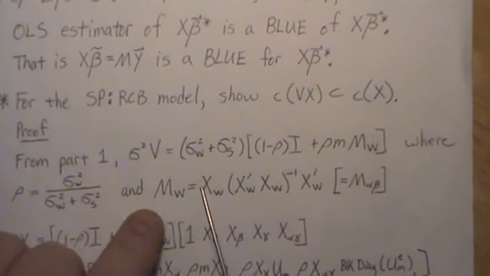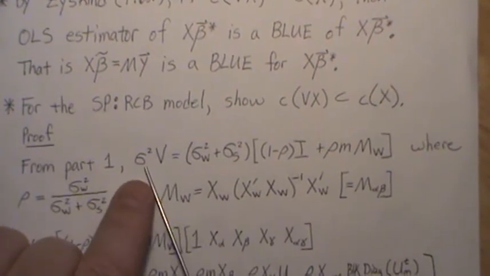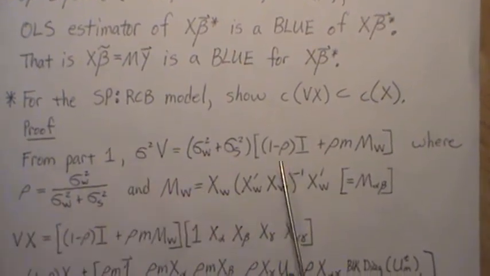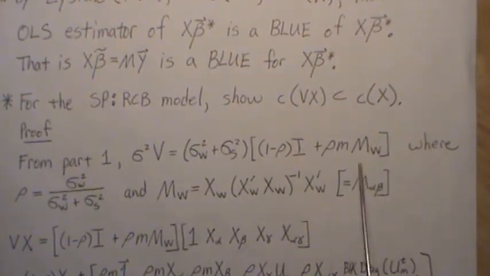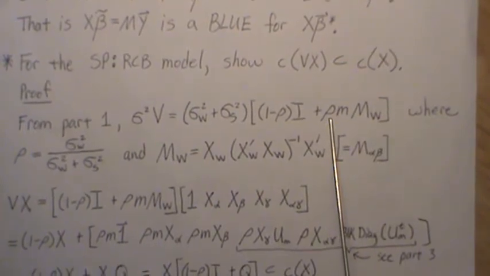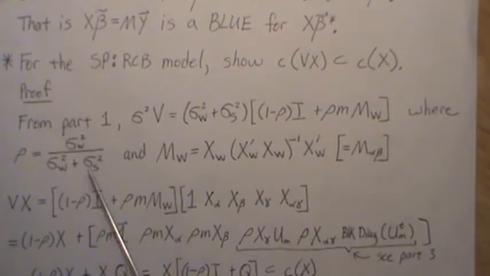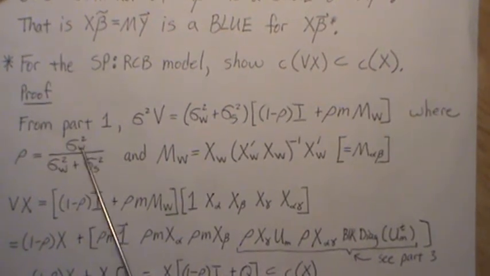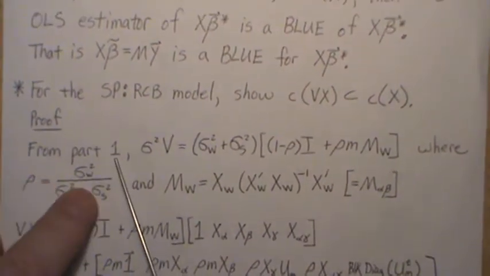Now, from part 1, we showed that sigma squared V was equal to this, where this is sigma squared, and V was this matrix here, where rho, the correlation between the error terms, was this. So it's sigma w squared. So that's the whole plot variance.